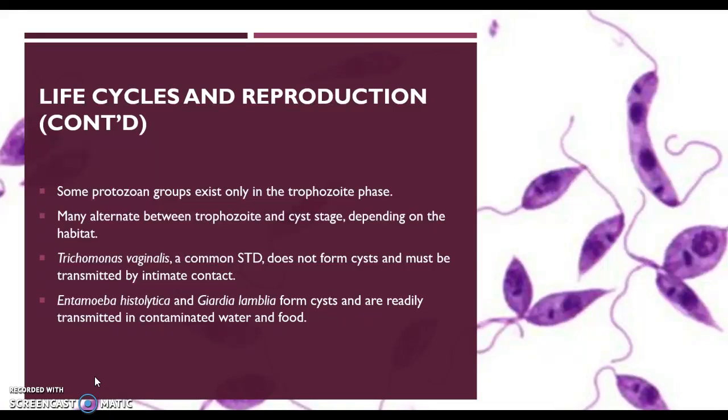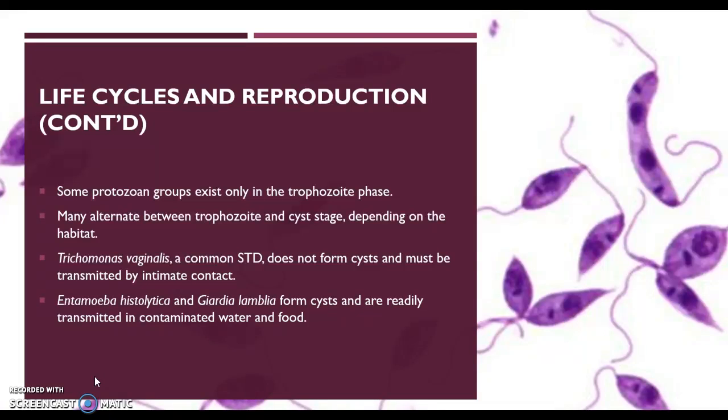Some protozoan groups exist only as a trophozoite, so they do not form cysts. Some alternate between the two stages depending on their habitat. Trichomonas vaginalis, those are the cells that you're looking at in the background, is a common STD that does not form cysts.